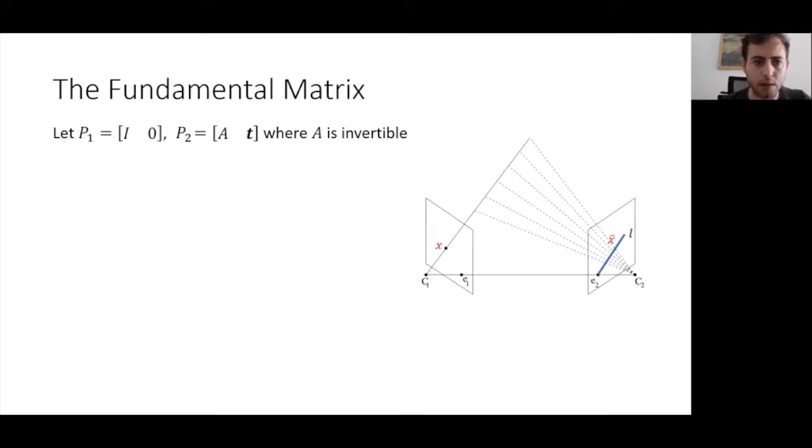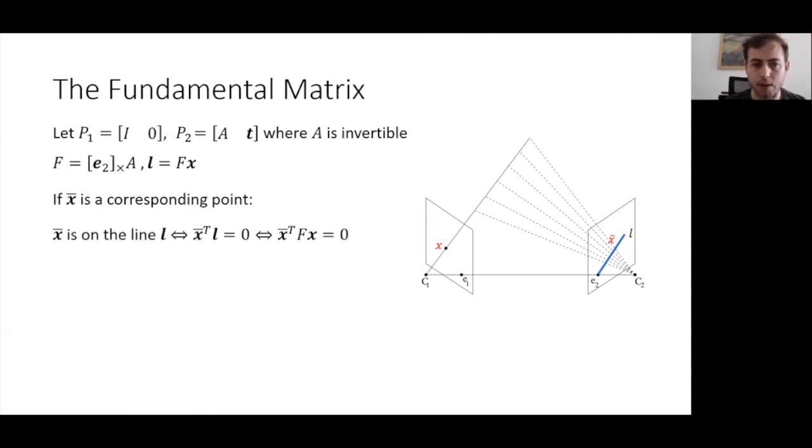Okay, so until now, we saw that if we have the following two cameras, we can calculate the fundamental matrix as the cross product matrix of epipole 2 multiplied by the matrix A, and it follows that the corresponding epipolar line to X we can get by multiplying X by F. So if X bar is the corresponding point to X, we should get that X bar needs to be on this line, meaning that x bar transpose L should be 0.